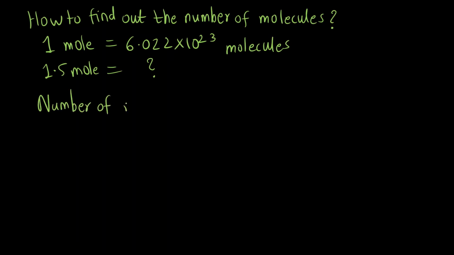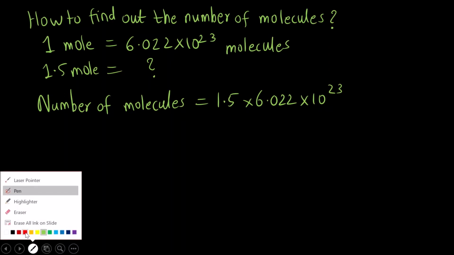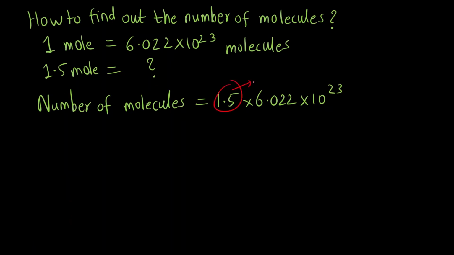The number of molecules will be 1.5 into 6.022 into 10 raised to 23. Here you can see what we multiplied: this is the moles of that particular substance that was already given to us, and this is nothing but the Avogadro's number.